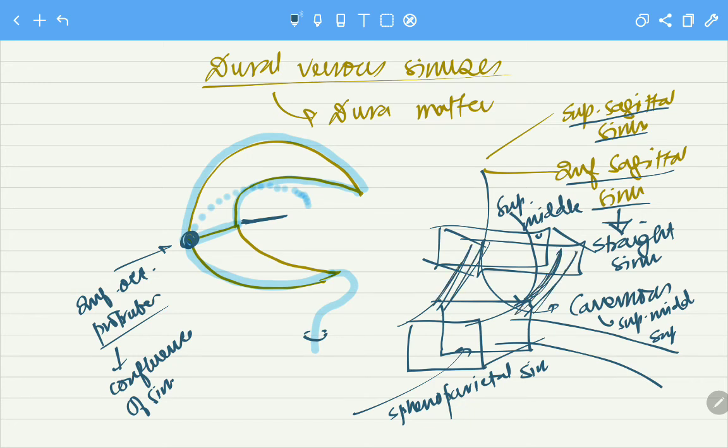So if this is the hypophysis, this is the anterior intercavernous sinus, and these are the posterior intercavernous sinuses. And this cavernous sinus drains into the main venous sinuses through the superior petrosal sinus to the transverse sinus, and the inferior petrosal sinus to the internal jugular vein. And that's how this cavernous sinus drains.